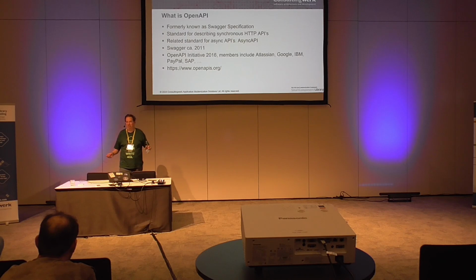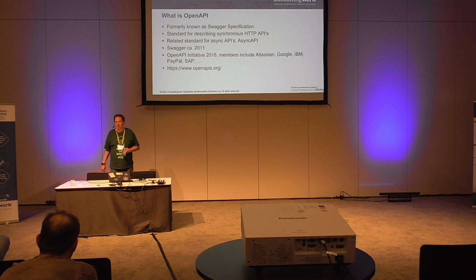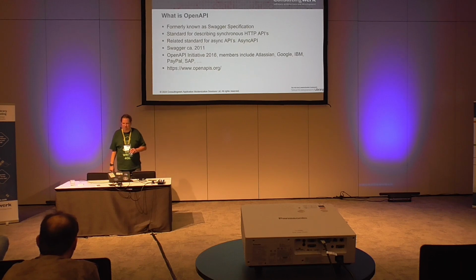Before, it was all just Swagger, and that's still a common term. It's from 2011, so 13 years ago, so it's been around quite a while. And when they formalized the OpenAPI specification in the OpenAPI Initiative, big players like Atlassian, Google, SAP, and PayPal have been supporting that, so it is definitely an industry standard.